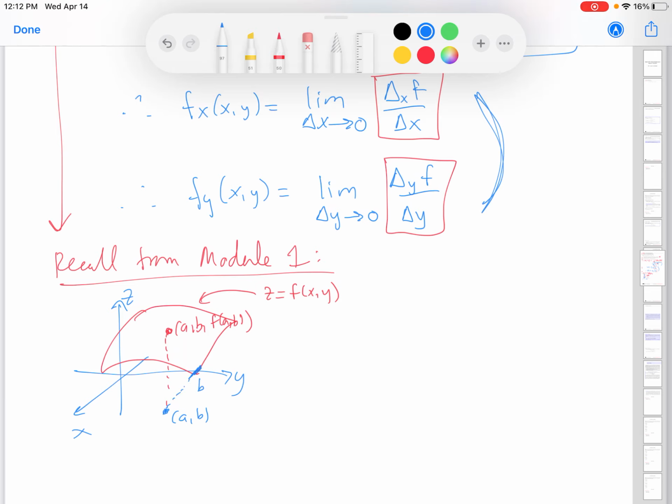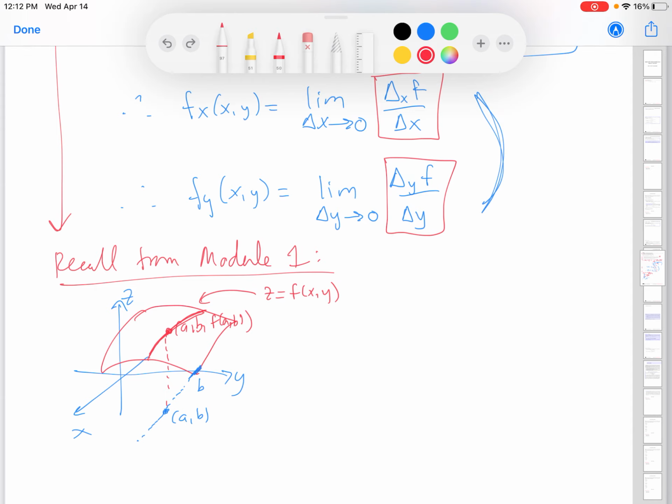And y equals b, the line in the xy plane, generates this curve that passes through the point (a, b) on the surface. So all of these points on the line y equals b get mapped up there. So I'm going to get rid of them to not clutter up our diagram here.